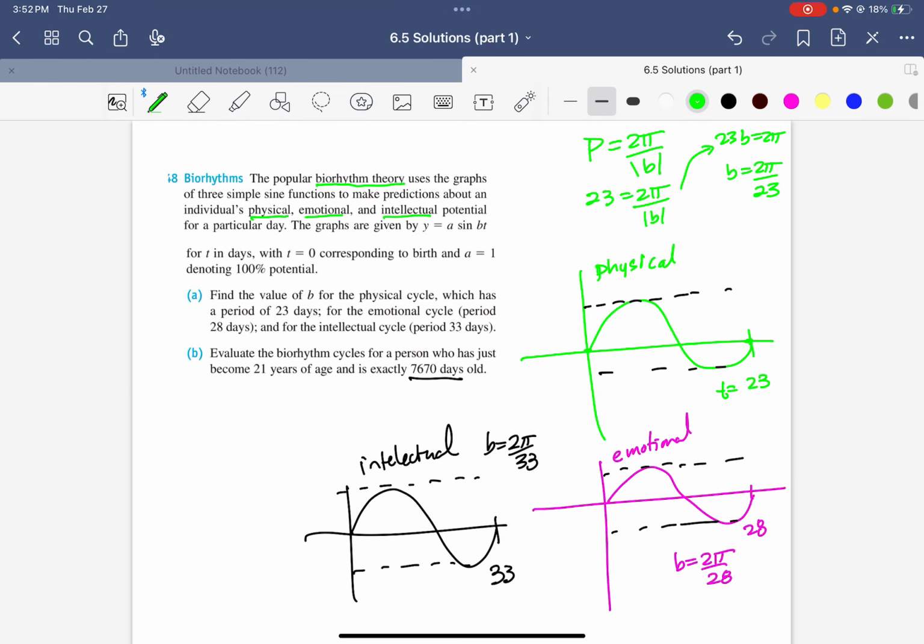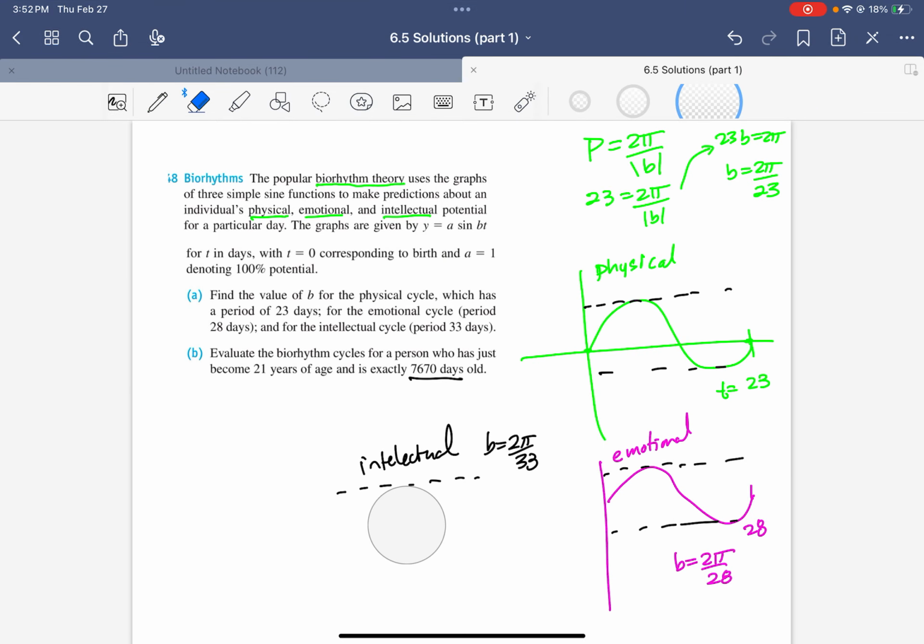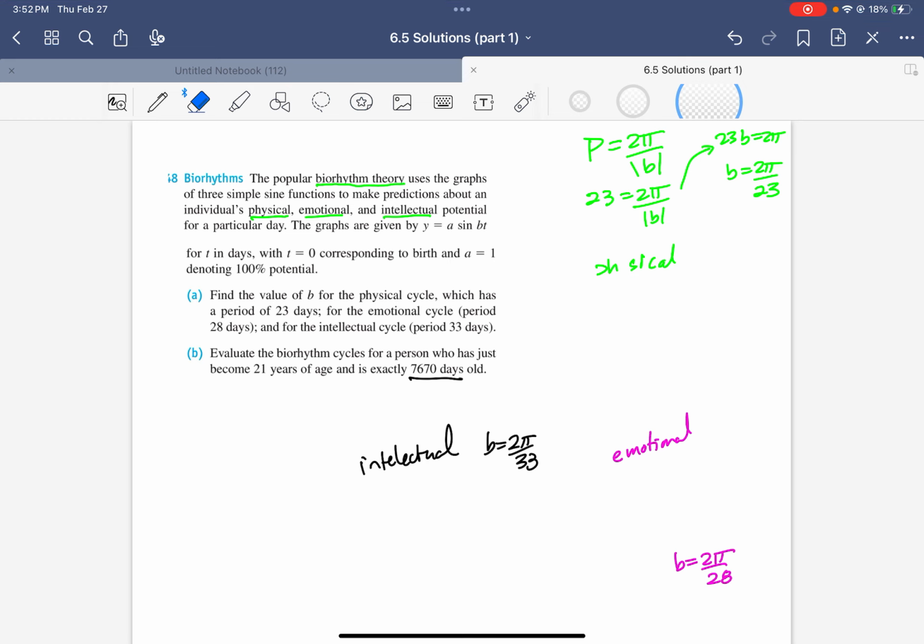Okay. So for my physical, my function is y is equal to sine, and A is equal to 1. So sine of 2 pi over 23 t. So we want to evaluate what happens after 7,670 days, so this is 2 pi over 23 times 7,670.